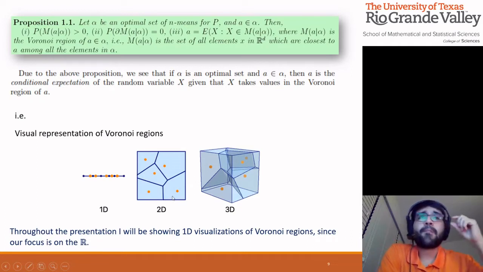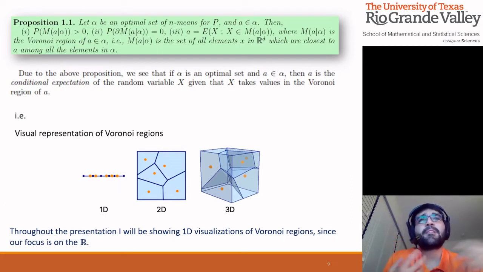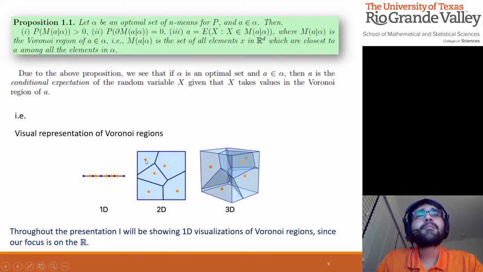Now, a Voronoi region is like the continuous case, where the space around this dot is closest. So right here, you see a boundary between this quantizer and this other quantizer.